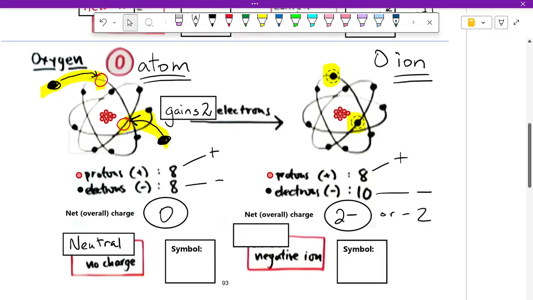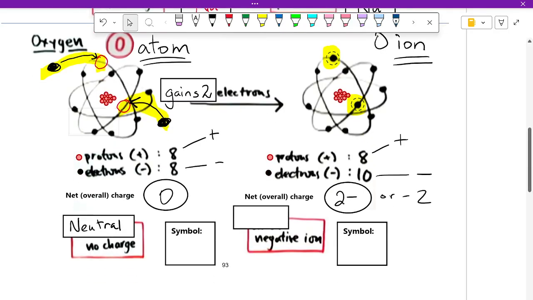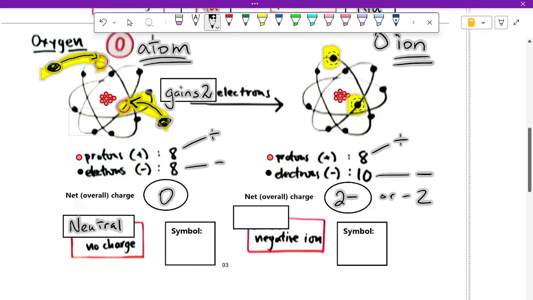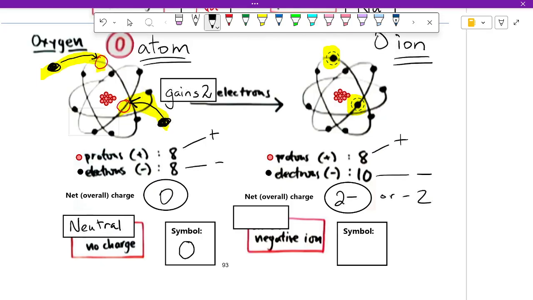Okay, so the symbol for oxygen atom, which is neutral, is just O. But the symbol for the oxygen ion is O, and it's going to be 2 negative or O -2 if you prefer. What's the name we give to a negative ion?